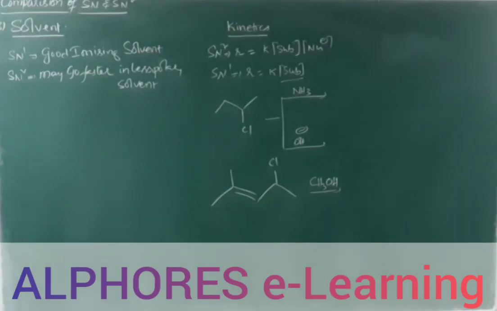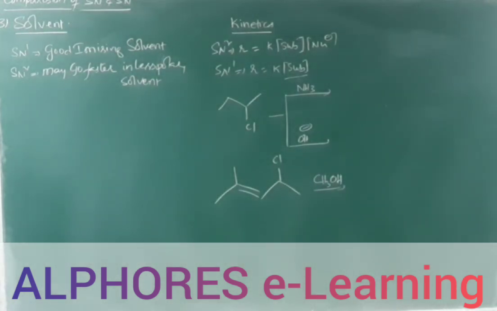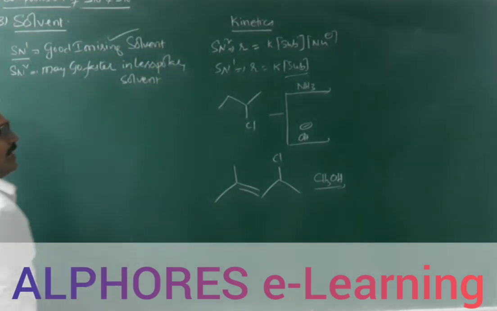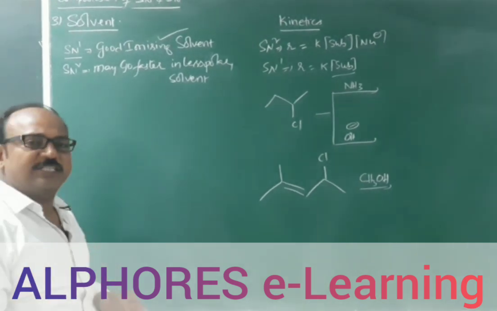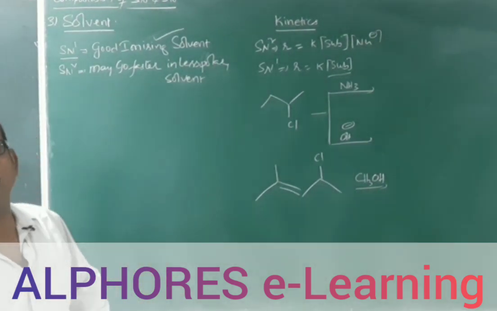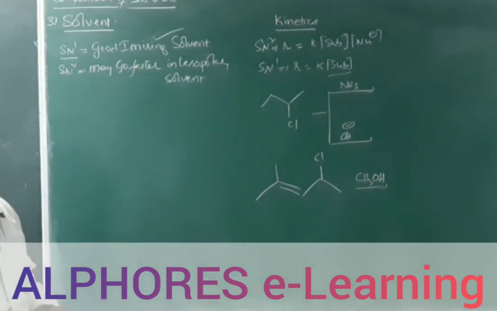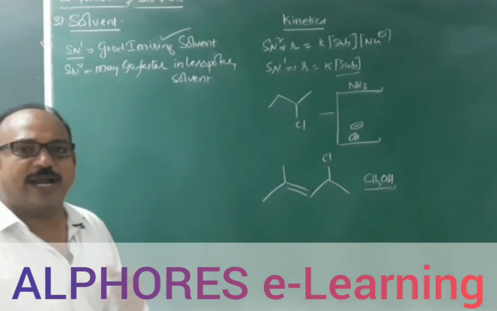Let's come to the third factor, the effect of solvent. For SN1, a good ionizing solvent is required because the SN1 mechanism proceeds via formation of a carbocation. That means the mechanism follows an ionic mechanism. Because of that, an ionizing solvent, meaning a more polar solvent, is required.